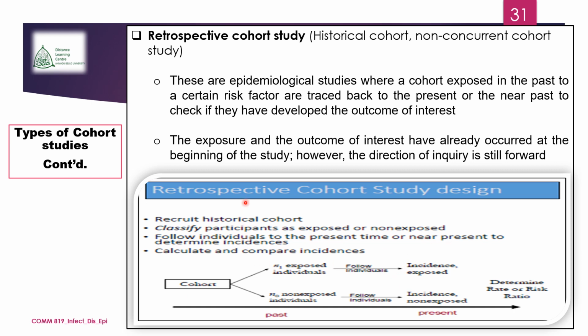The difference between this and the prospective is that the other one starts from the present, trying to follow up a study that may take 5 to 10 years in the future to see whether the people will come up with disease. For retrospective, you are starting from the present and going into the past to determine the cause of a certain phenomenon.